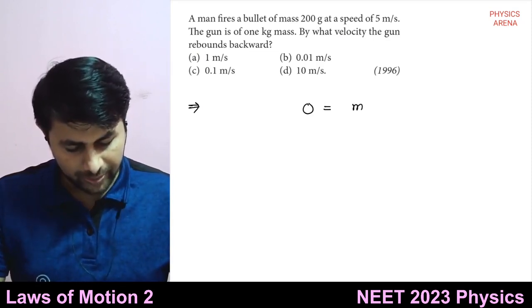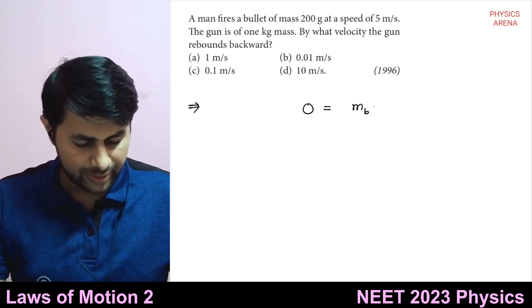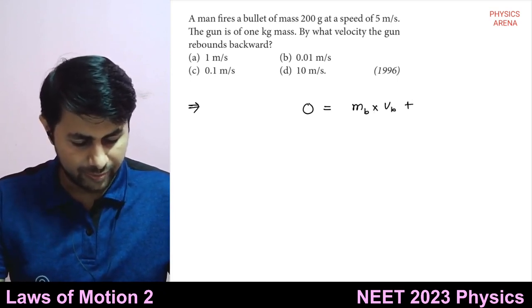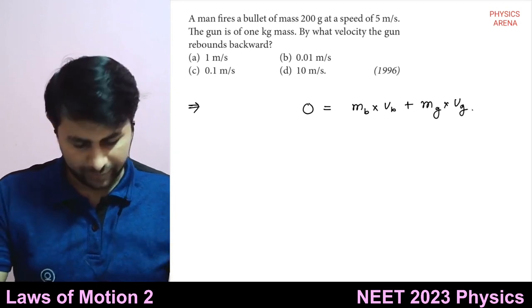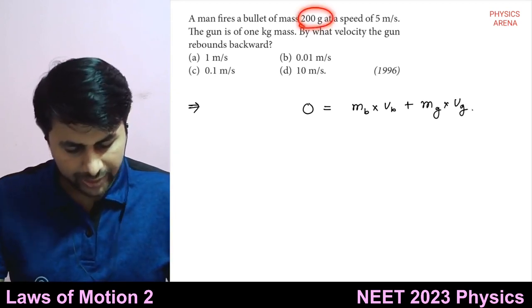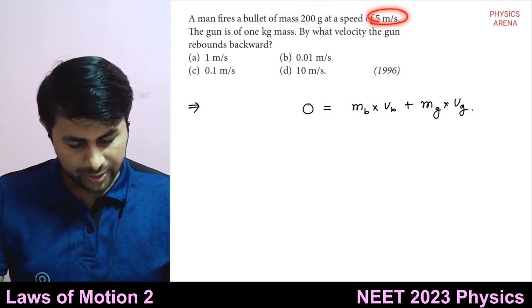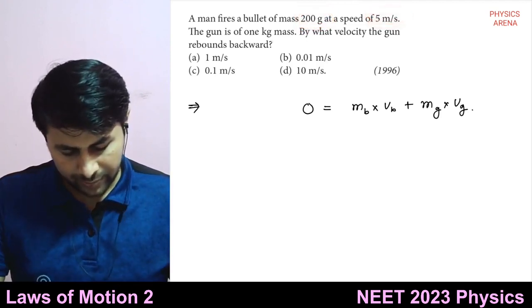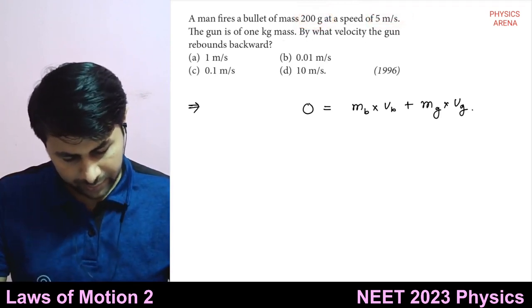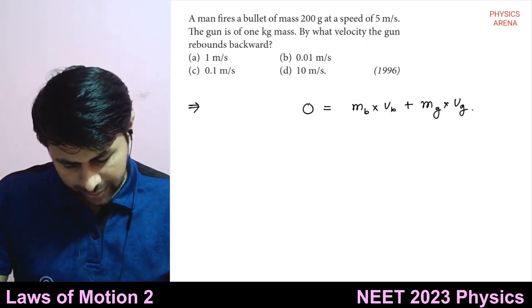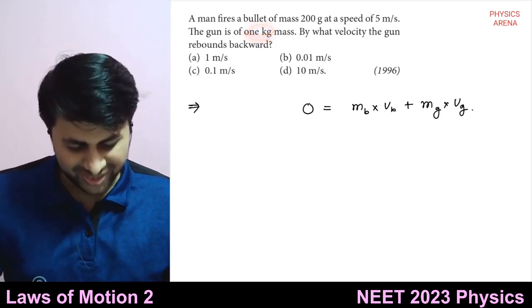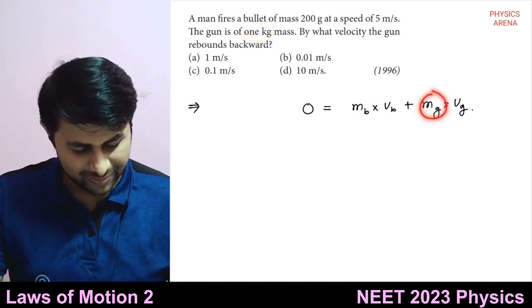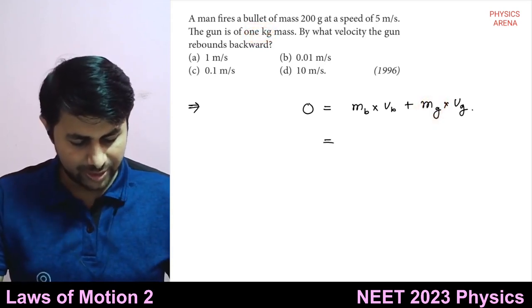After firing, it is mass of bullet multiplied by velocity of bullet plus mass of gun multiplied by velocity of gun. The mass of the bullet and its speed are given, and the mass of the gun is 1 kg. So we can substitute that.